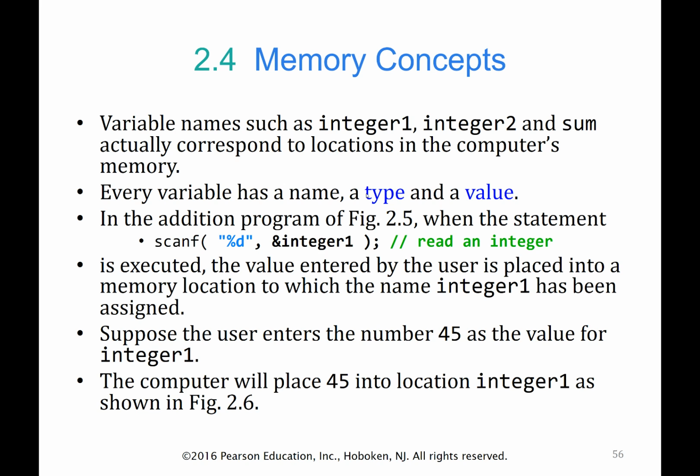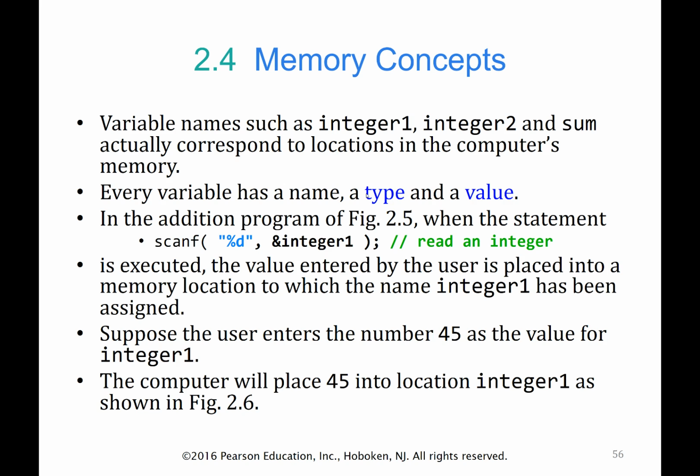And I say things because they may not necessarily be numbers. They can be strings. They can become very complex objects. But they're locations in memory. They're addresses. So whenever I refer to integer 1, I'm talking about a particular location in memory where I store data of some type.